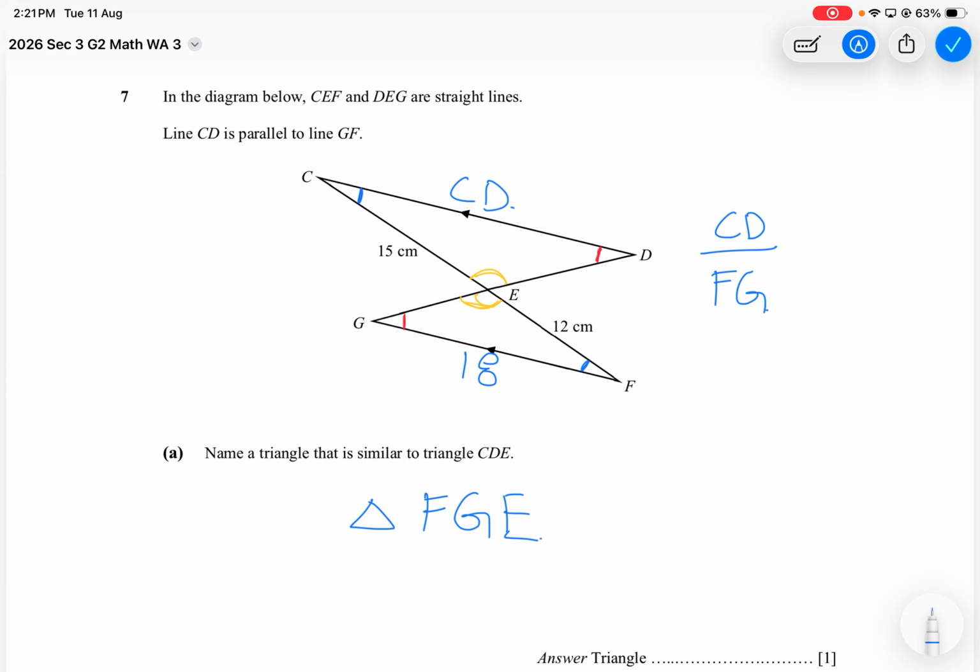Then I must go and look at the other pair that I know. CE corresponds to FE. CE is the bigger one, 15. FE is 12, the smaller one. So I must also put the bigger one over the smaller one. Now FG, they tell me, is 18.